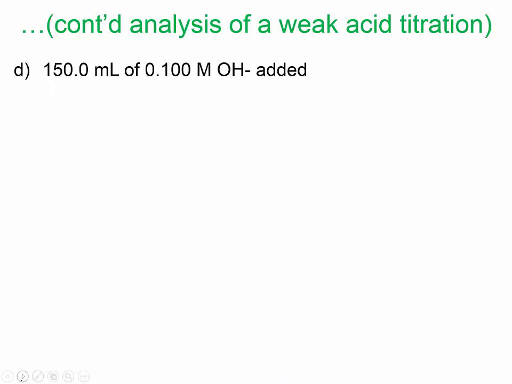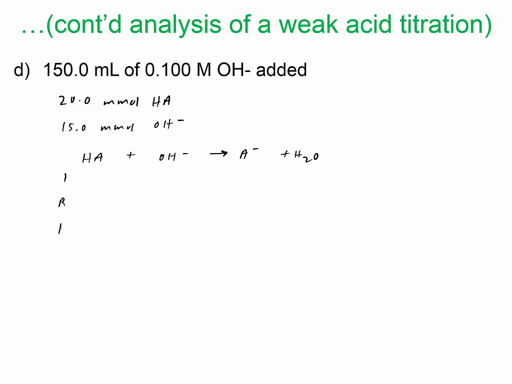Okay, moving on, we're now at point D. So we had 20 millimoles of weak acid, and then we have 15 millimoles of strong base. So let's run this through the ICE table.